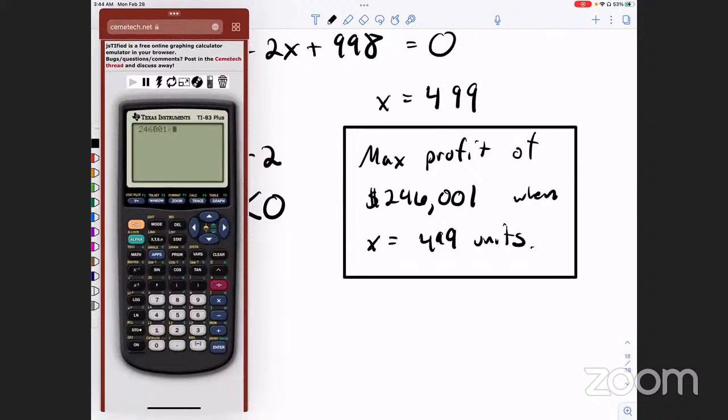That's right. So we'll say the little p of x, price per unit, is about $2, we're going to say 99 cents, to maximize profit.